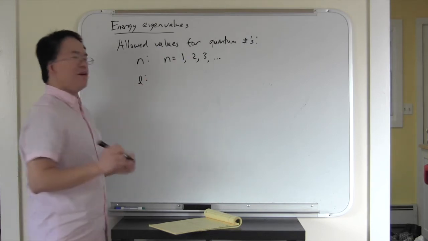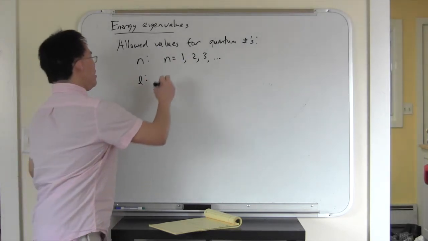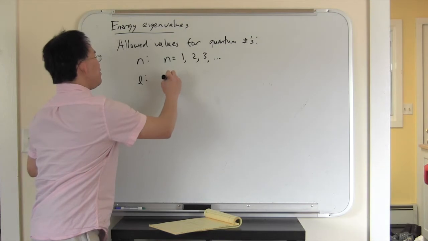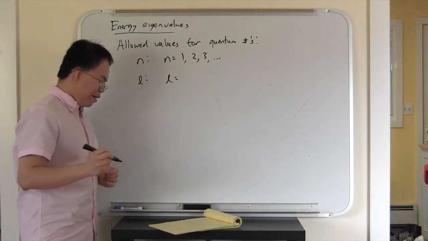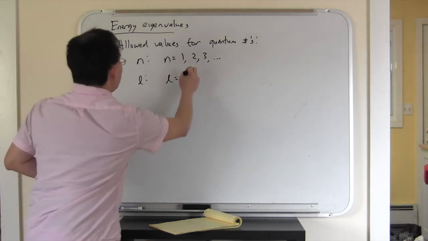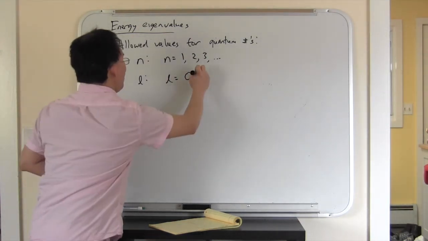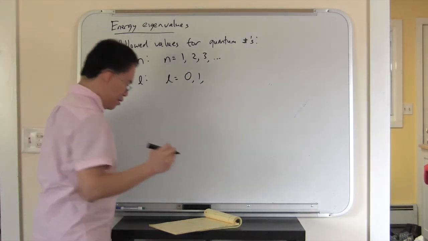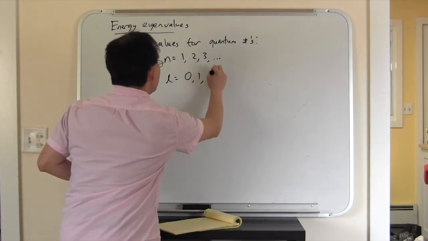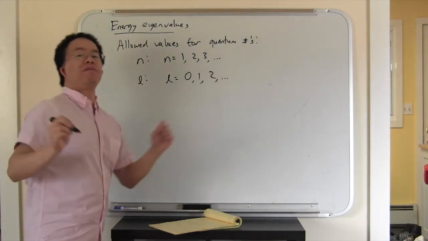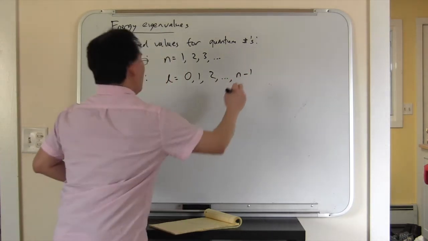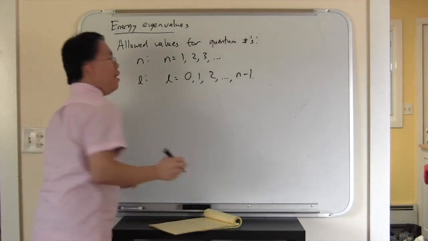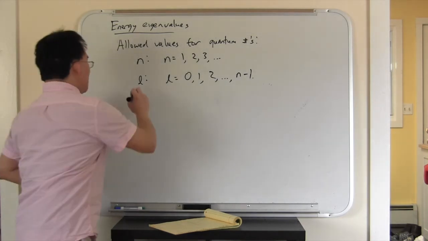Where things got a little bit interesting is the other one. So for the orbital quantum number L, it also goes up by integers, but it can vary between L equals 0, 1, dot dot dot, up through n minus 1. There's also a restriction on m.